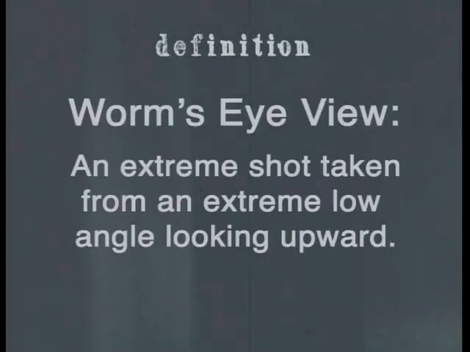Now let's look at an extreme version of a low angle shot. This is known as a worm's eye view. A worm's eye view shot is an extreme shot taken from an extreme low angle looking upward. So in this case, instead of seeing the action as a bird would see it, you see it from a worm's point of view.